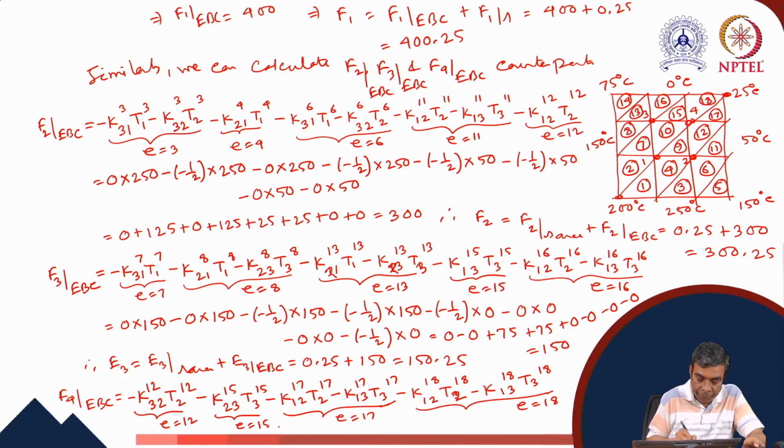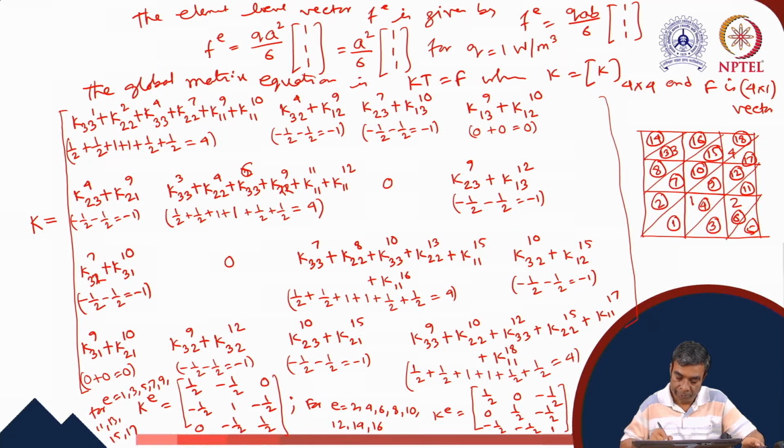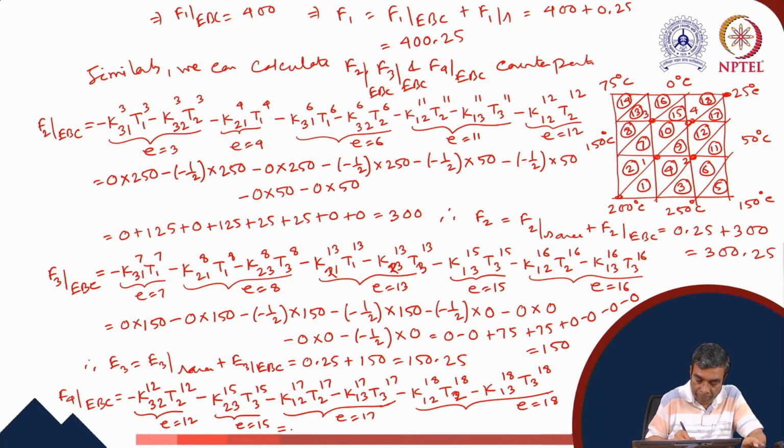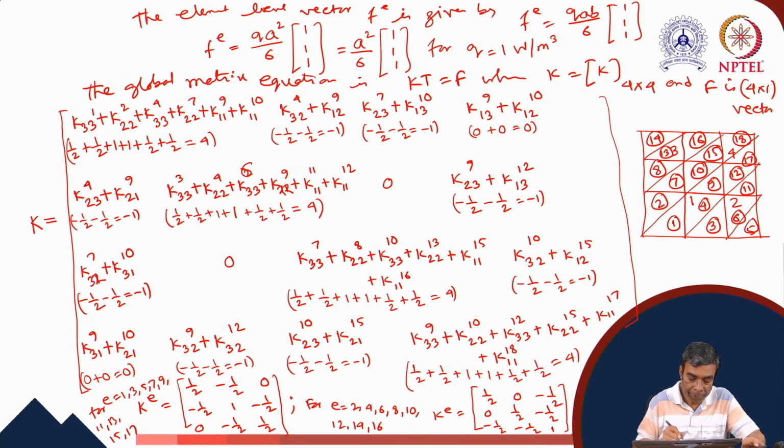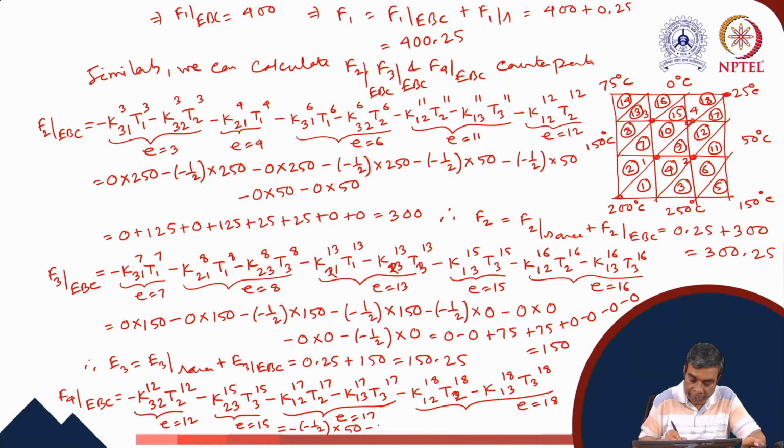So this we can calculate as K3 to 12. K3 to 12 is minus half. So this is minus half into T to 12. T to 12 is 50 degrees centigrade minus K 2315. K 2315 is minus half. It is minus half into T315. T315 is 0 minus K1217.